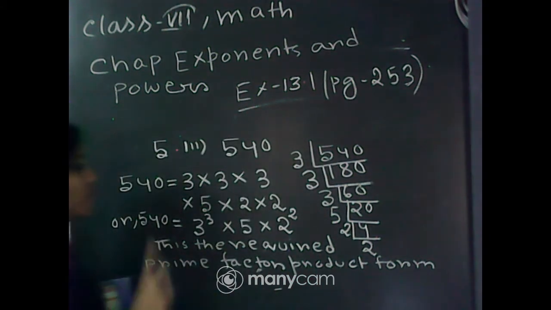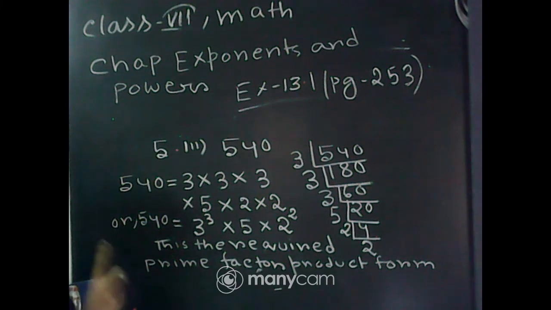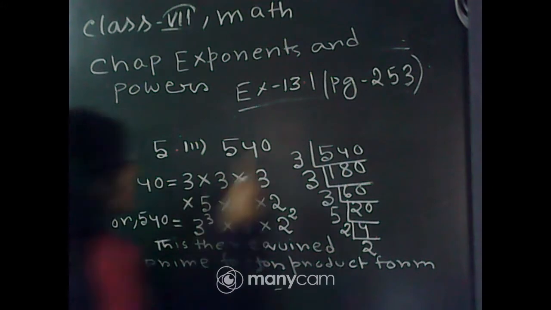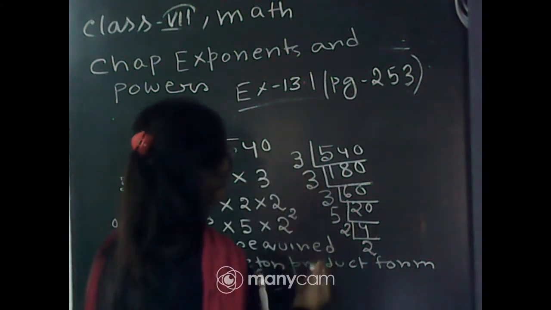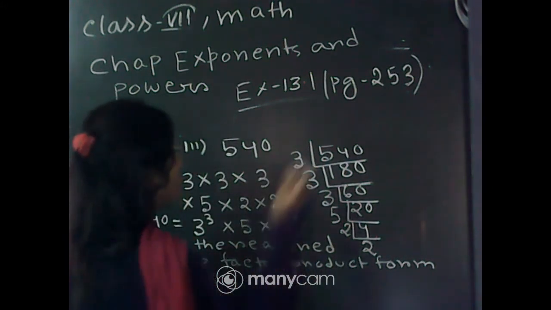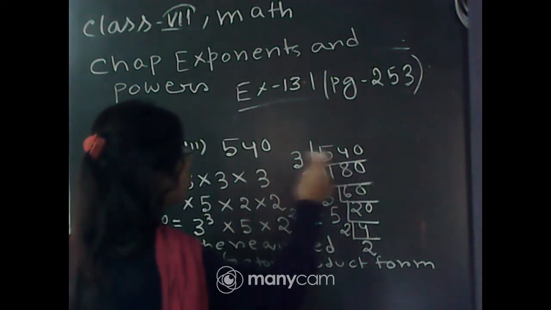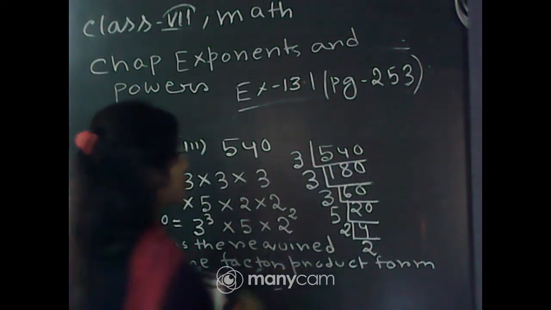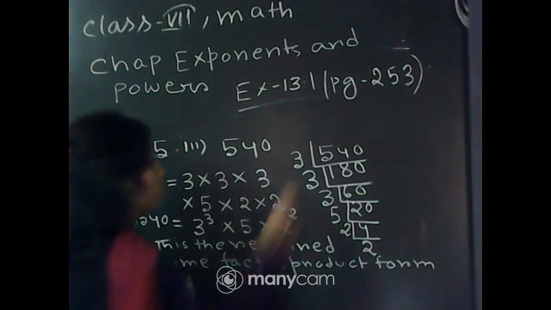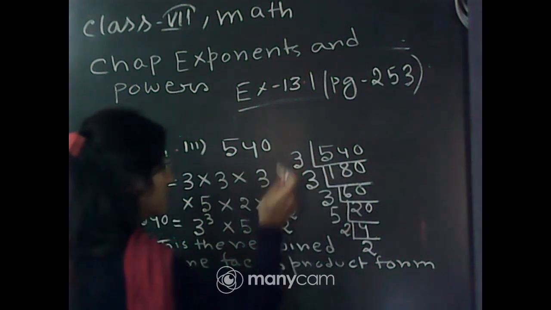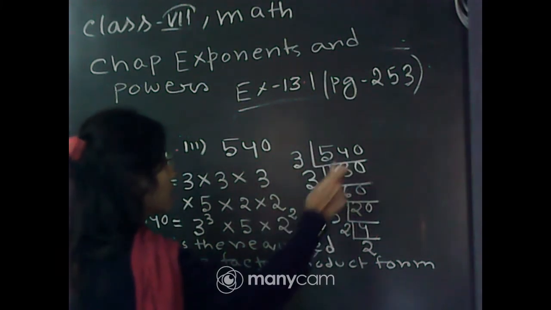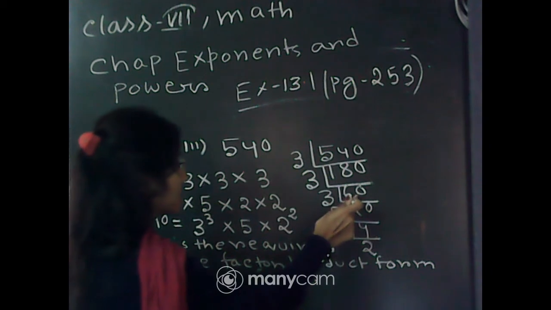First we express 540 as a product of prime factors. So, we find the prime factors of 540. If we divide 540 by 3, we get 180. Again we divide 180 by 3 and we get 60.